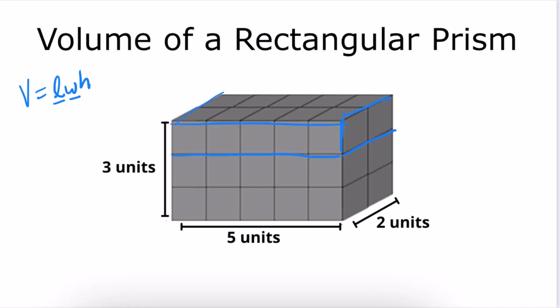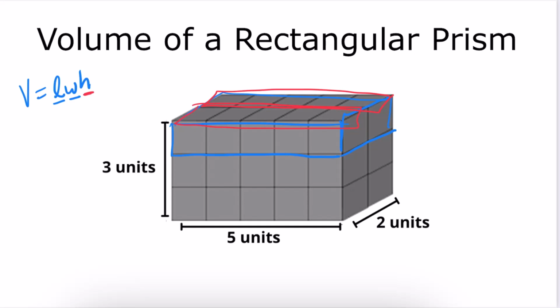When you take the length, which is 5 units, and you multiply by 2 units, you're basically saying that since I have 5 cubes in one row of that layer, if I multiply by 2, because that's the width of this rectangular prism, then I have 10 cubes in the top layer of my prism.